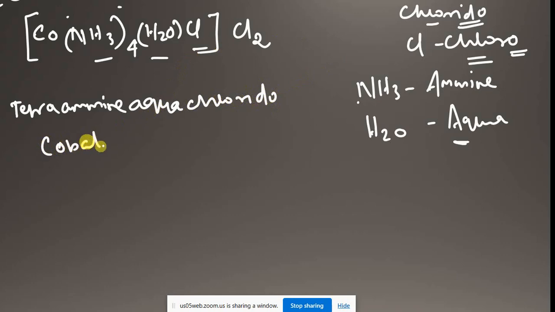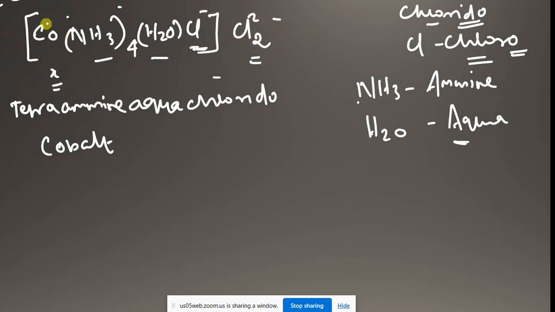Cobalt, right? Now, what is the oxidation state of cobalt here? Here there is 2 minus, here there is 1 minus. So totally there should be 3 plus inside, so that the total charge of the complex is 0. Or else we can take it as X and work it out. That method also we can use, but straight away here 2 minus is there, here 1 minus is there, so totally 3 minus.